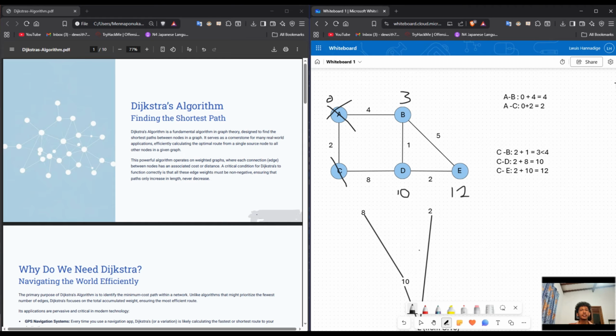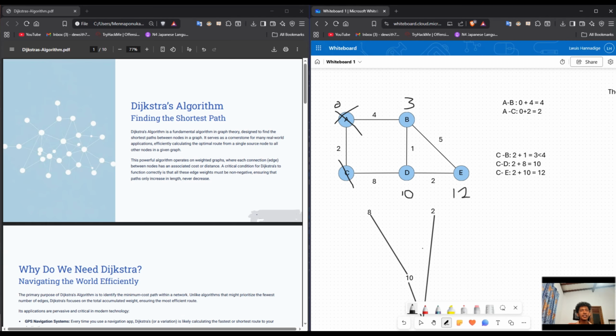So next process B, which is 3, and mark it visited. Now we can find B to D, because we still didn't find B to D. Initial distance is 3, because we found that the distance to B is 3.